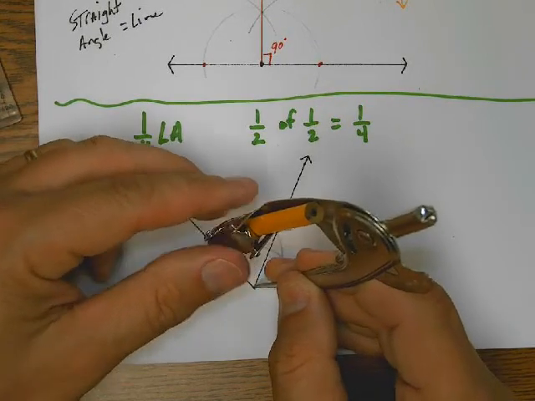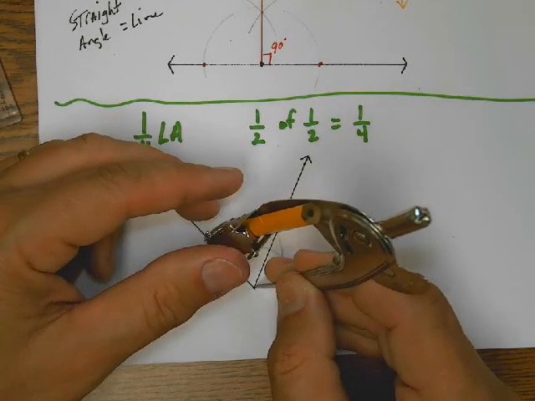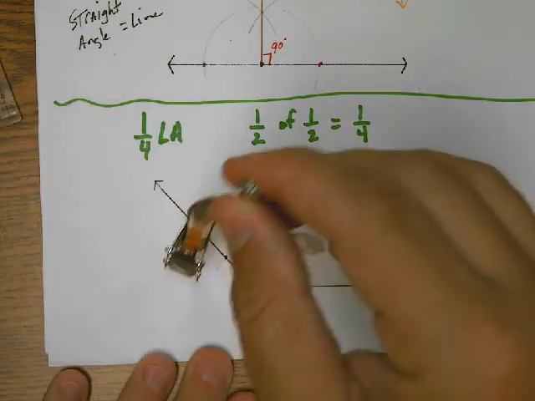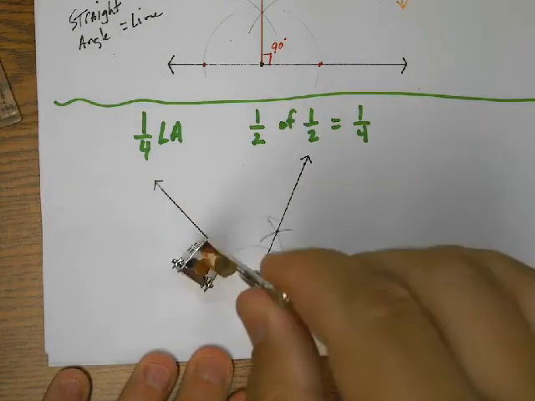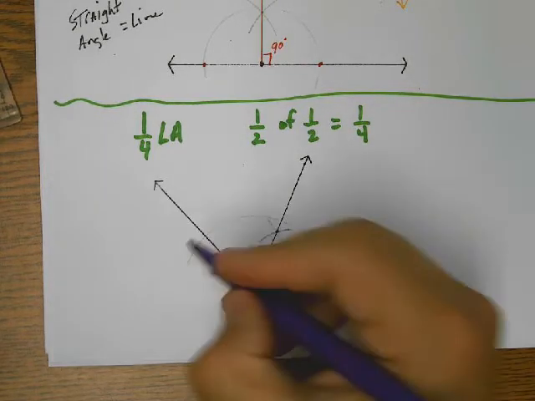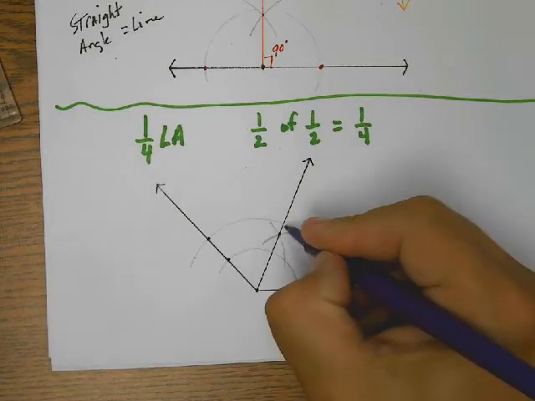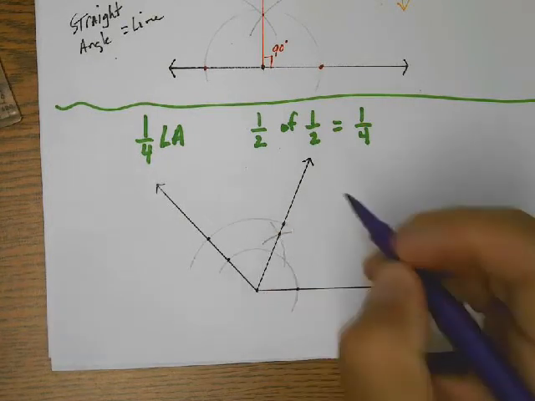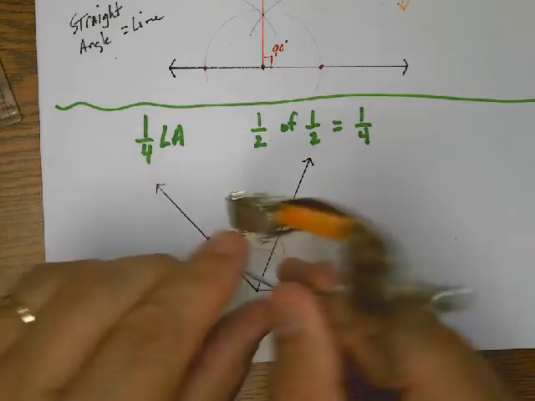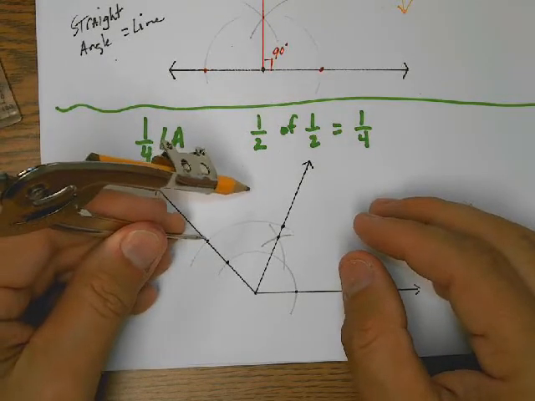I'm going to do a different width just so you can see that I'm doing it a second time. I could use that same one. All right, highlight those points of intersection. I'm going to go from those two points of intersection and get a point of intersection out in the middle.